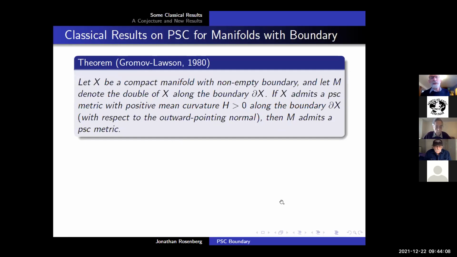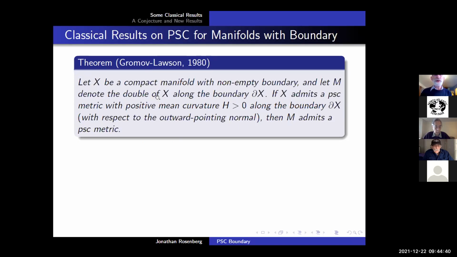Okay, so now I want to move on and start talking about manifolds with boundary, which was the main thing in the title. Back in their original work, Gromov and Lawson proved the following theorem, which at the time just seemed to be a curiosity. Suppose you have a compact manifold X with non-empty boundary, and you construct the double of X along the boundary.